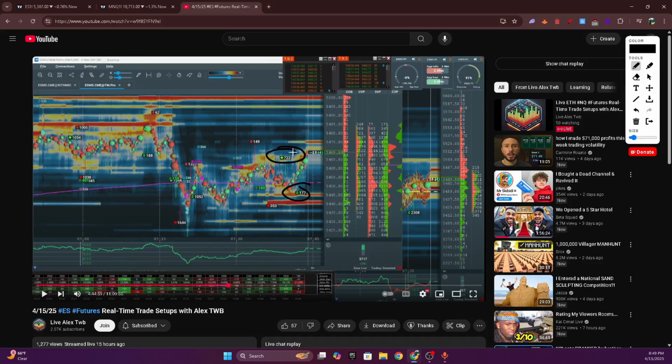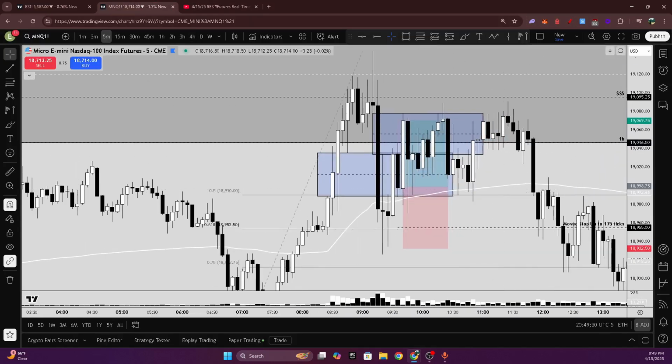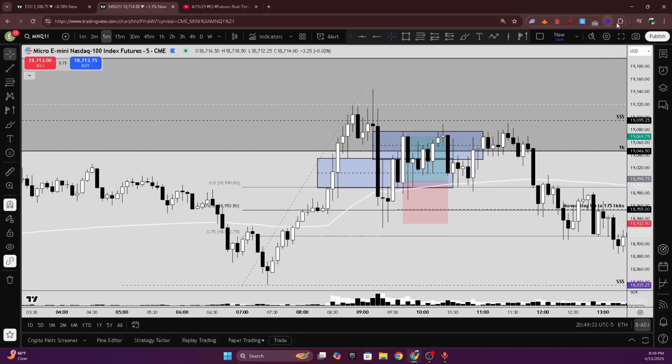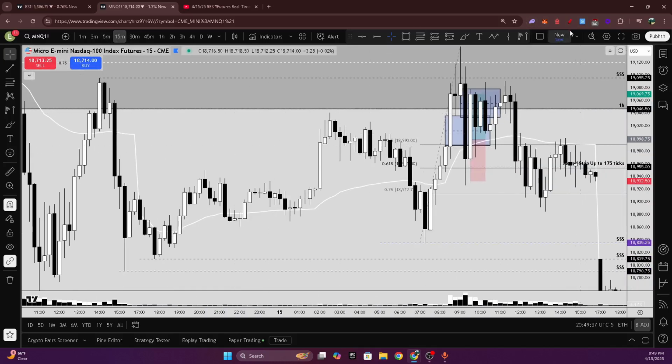Since we saw that bullish momentum occur with these icebergs and buy stops, we are expecting price to actually continue the trend and head towards 5,500, right? And that was where this trade setup came to play. What were our confluences? We saw on the higher time frame, the 15-minute, that we entered into our V2 levels.